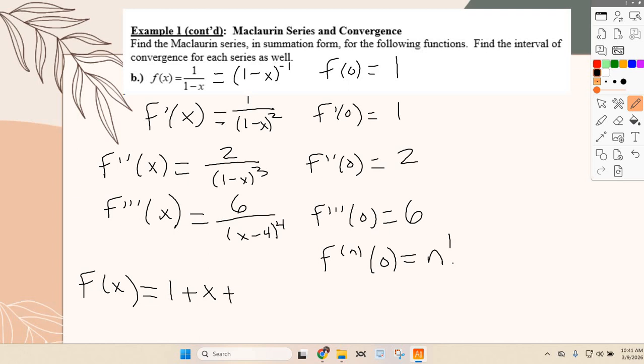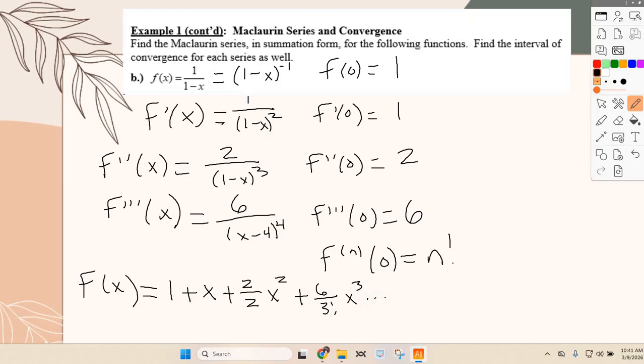What happens to my 2's? They're going to reduce, right? Because my derivative is going to be divided by my 2 factorial, x squared, plus my derivative is 6 divided by 3 factorial times x cubed.